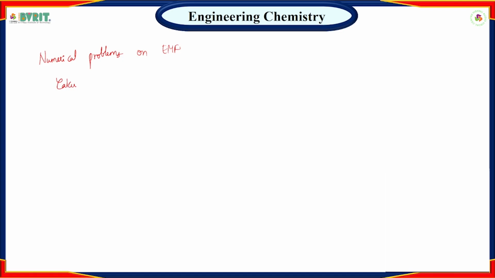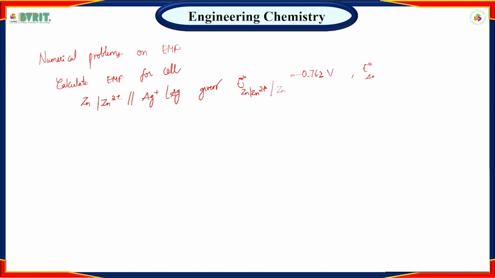Calculate EMF for the cell Zn | Zn2+ || Ag+ | Ag, given E naught of Zn2+ | Zn is 0.762 volt and E naught of Ag+ | Ag is 0.8 volt.